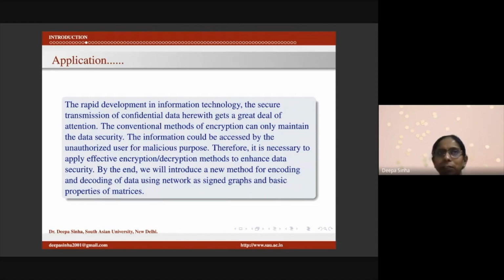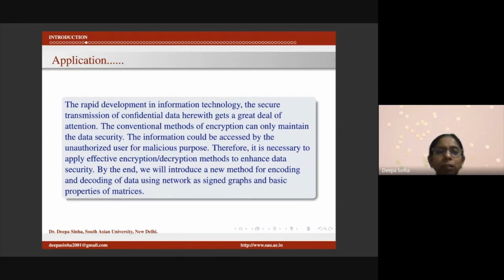So we need to be very careful. We need to design a tool. The conventional methods can easily be cracked. So several experiments and new tools are developed so as to secure it, so that it is not vulnerable to attack.